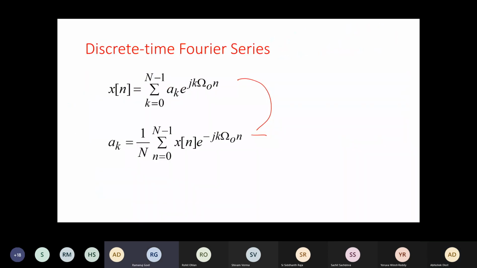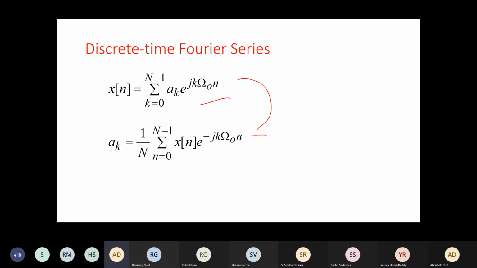This one: Hn equals the sum for k from 0 to N minus 1 of AK, doesn't this imply that any AK for k not between 0 and N minus 1 will be 0? No, it doesn't imply.